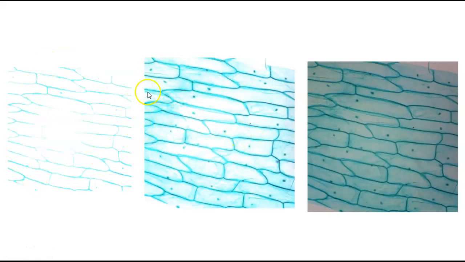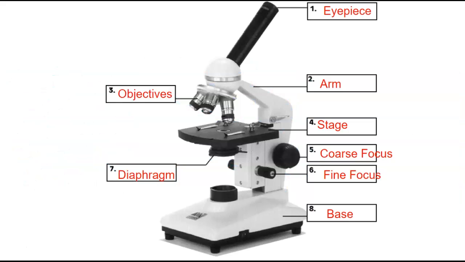Here's an example of some pictures with the diaphragm changed. And so notice like the amount of light that's let in can change how something looks. Right, and then the last thing, we have the stage, and there's little clips on the stage that hold the slide in place.